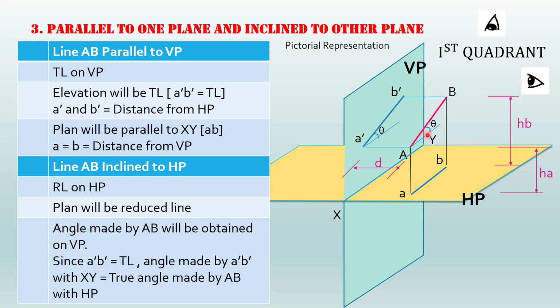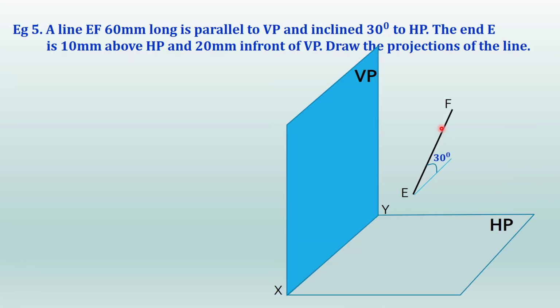So here in our case, the angle made by capital AB will be obtained on the vertical plane, and since A dash B dash is equal to true length, this angle which is obtained on the vertical plane will be equal to the true angle which is made by capital AB with the horizontal plane. Clear?